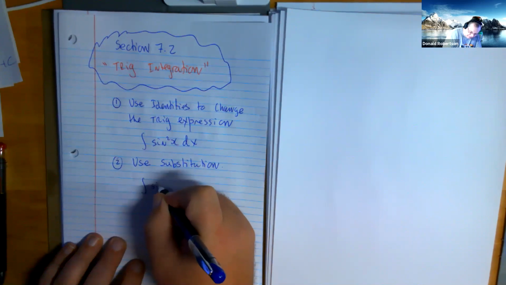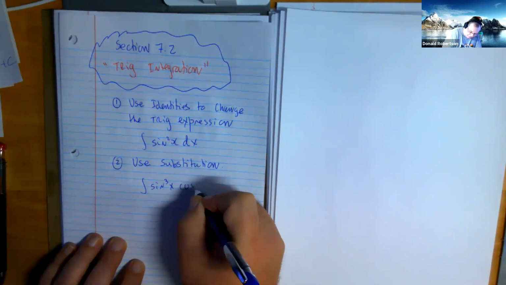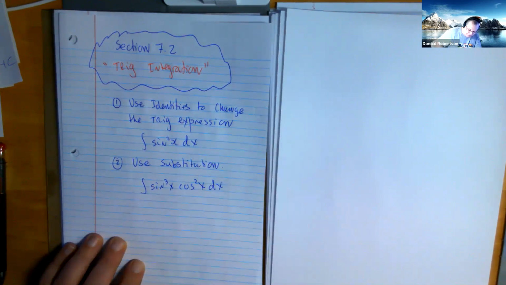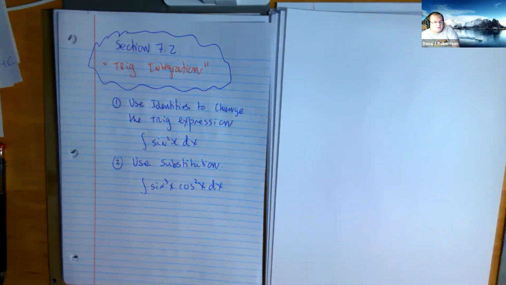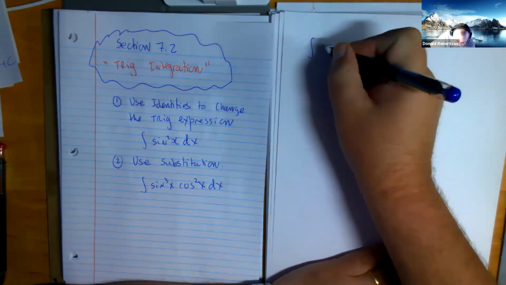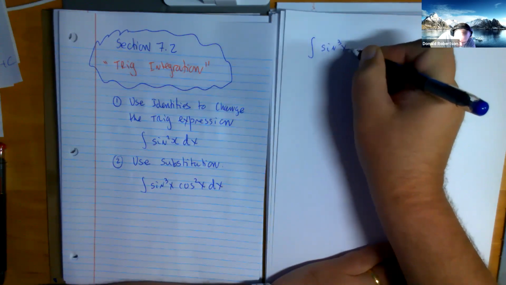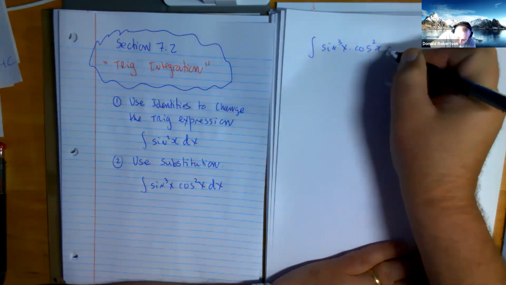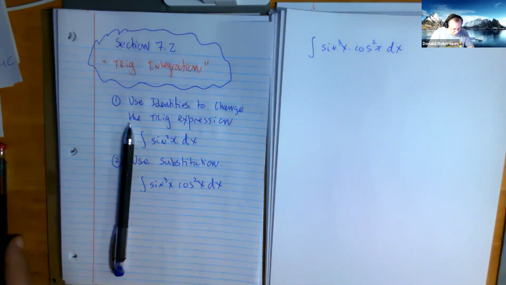That would be for things like sine cubed x, cos squared x, dx. So there's your two main things in your toolbox. Identities to change the trig expression, so you can integrate things like sine squared x by using that method, and substitution, which you can use for things like this. Let's look at substitution. U sub, that's what I mean.